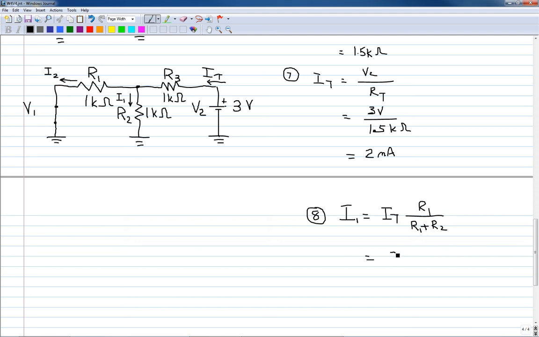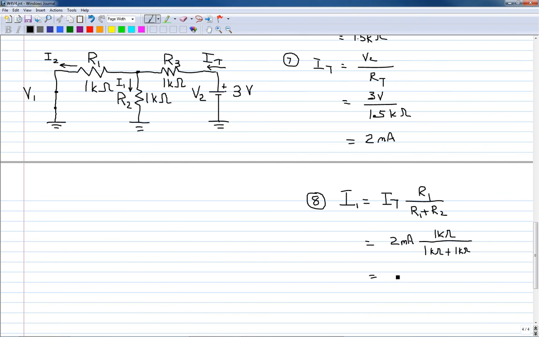This is equal to 2 milliamps times 1k ohm divided by 1k ohm plus 1k ohm. Plugging those numbers into a calculator gives us an I1 of 1 milliamp, and it also is down.